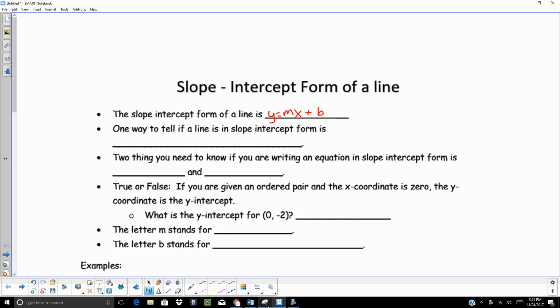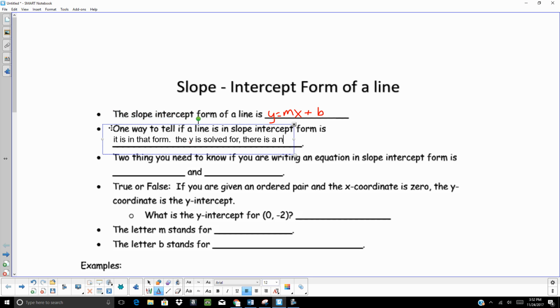What that really means is, I can type that in there real quick. It is in that form. The y is solved for.